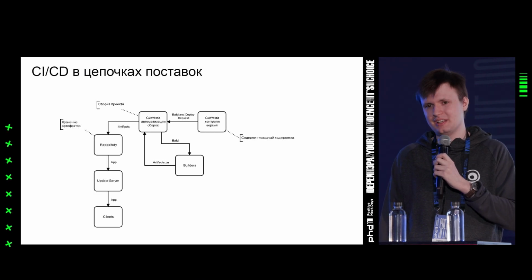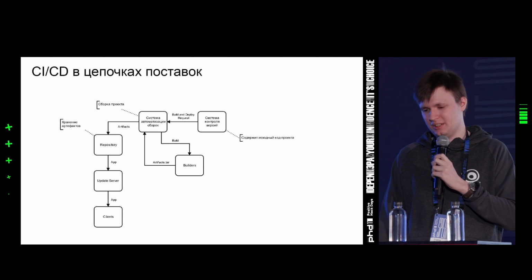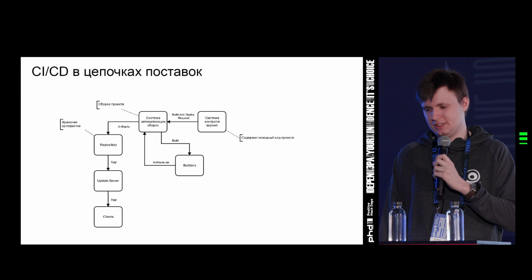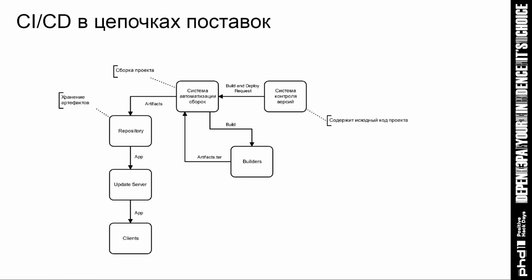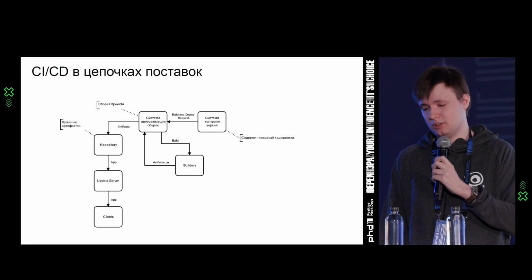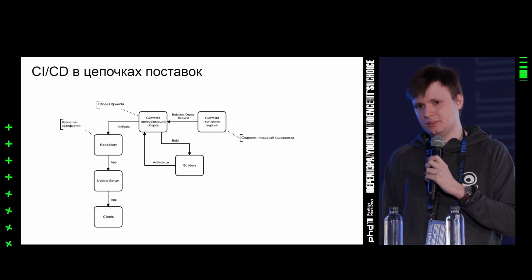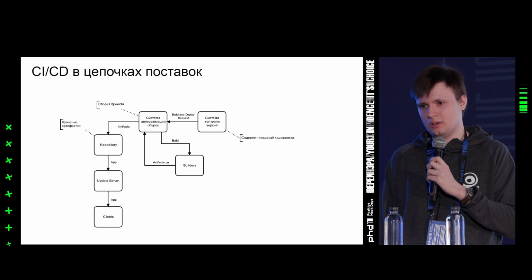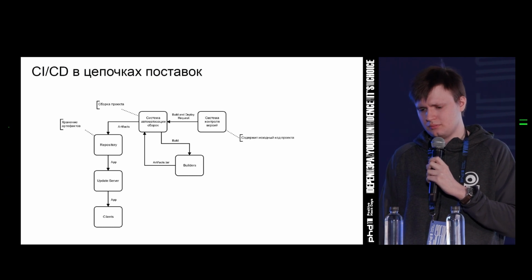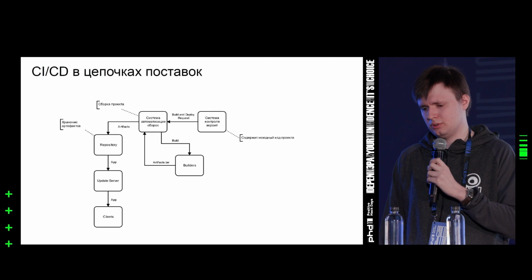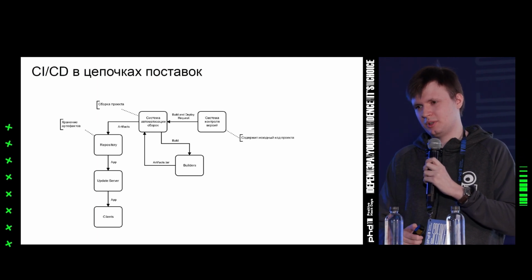This slide gives you a simplified supply chain scheme and how it interacts with CI/CD. We start with the code repositories, then the version control systems. Then all of that is built on the automated builders like TeamCity, Jenkins. Then all these built artifacts go to the repository, to the factories like JFrog.